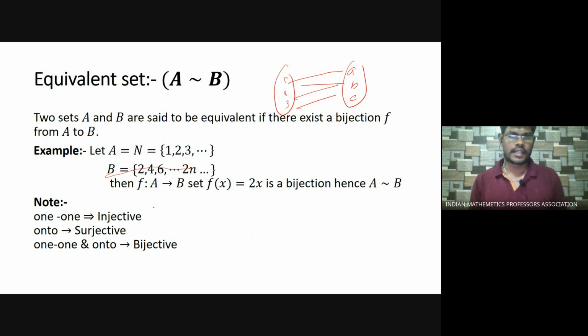Here define the mapping f from A to B, where f of x is equal to 2x. This is an obvious result. So it is a bijection, hence A is equivalent to B.